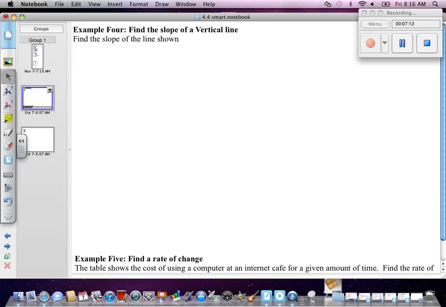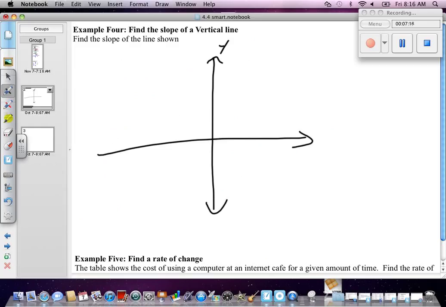We're going to find the slope of this line. We've got our y-axis, we've got our x-axis, 1, 2, 3. I'm just going to pick 2 random points.